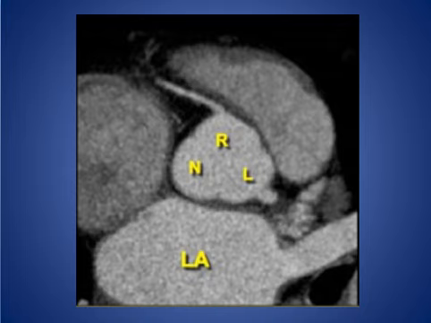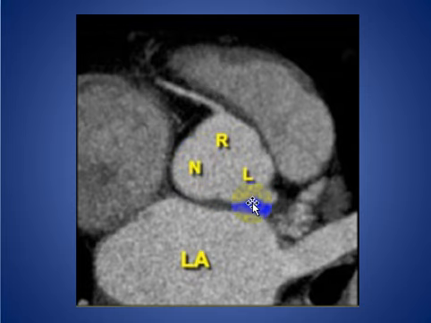Here, CT scan at the level of the aortic valve. As we see, the aortic valve has cup-like or cusp-like configuration and has three sinuses or cusps: the left one, the right one, and the non-coronary one.